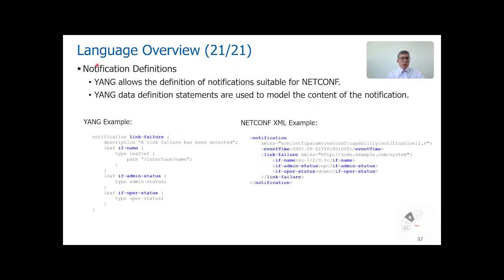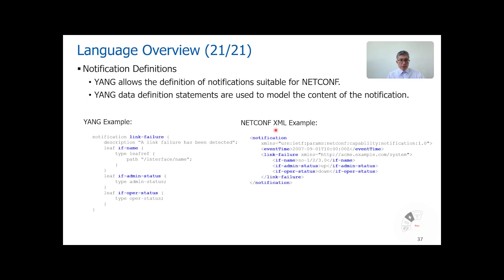And then notification is used to deliver an event as a notification. Okay. So their definition statements are used to model the content of a notification. So you can say an event like some attack, like a security attack, or a link operator event. So in that case, the interface name, the interface admin status, the interface operator status.